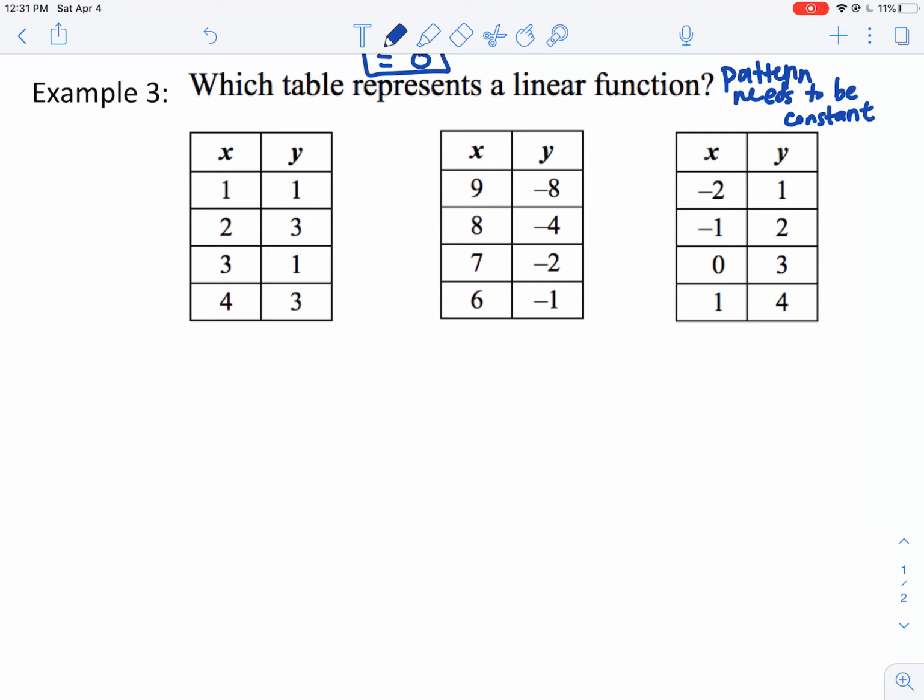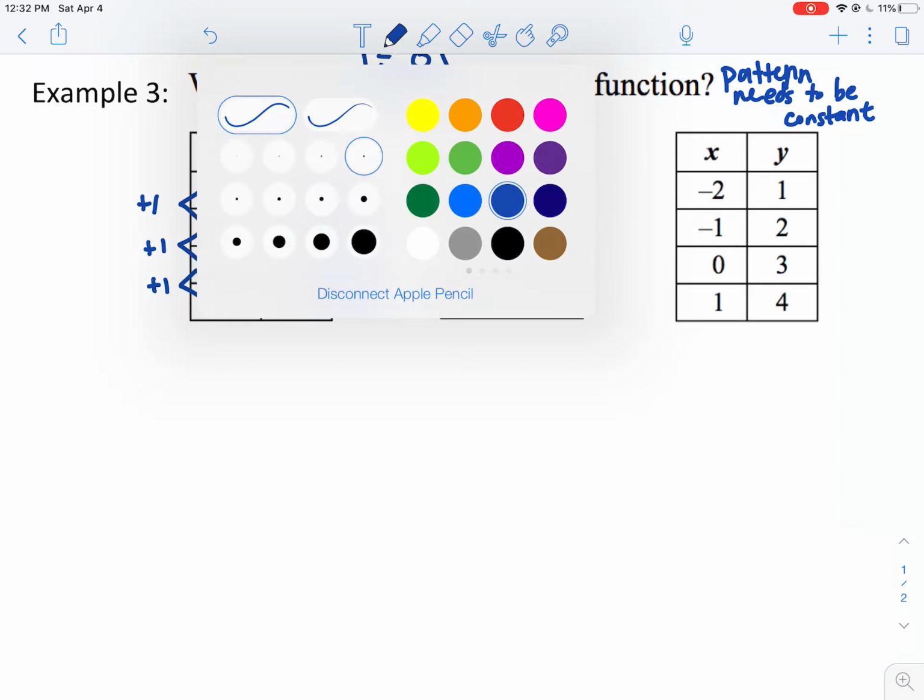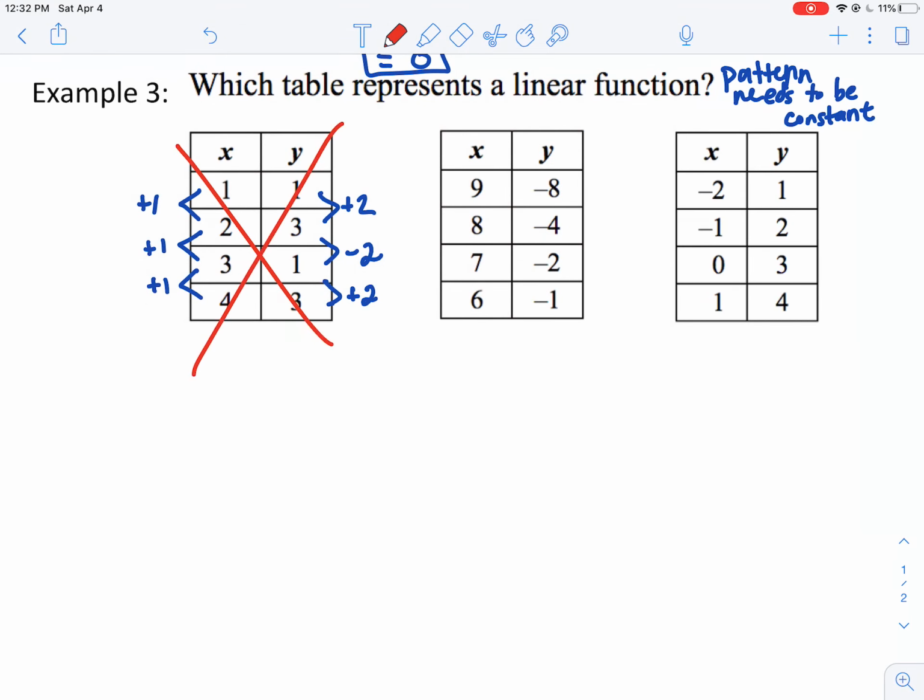Which means you have to be going up by the same amount on the x's, which in the first block I am, +1, +1, +1, but you also have to be going up by a constant number or down by a constant number for the y values. So in order to go from 1 to 3, you add 2. In order to go from 3 to 1, you subtract 2. And in order to go from 1 to 3, you add 2. So this is not linear because my pattern is not constant.